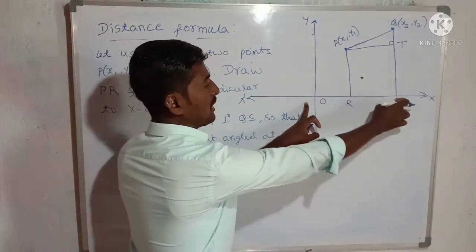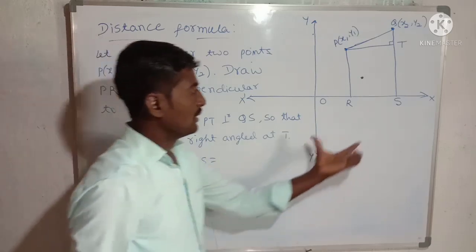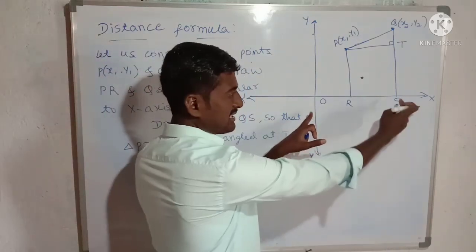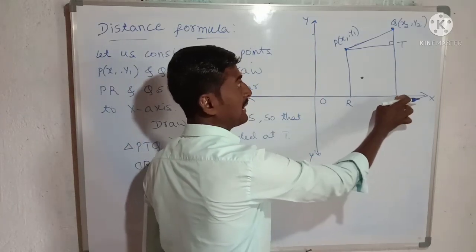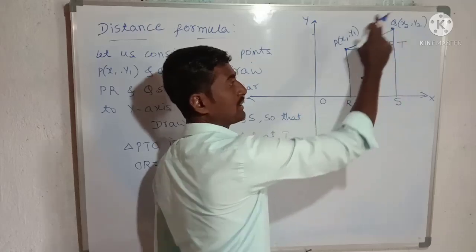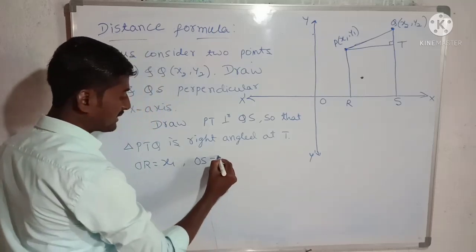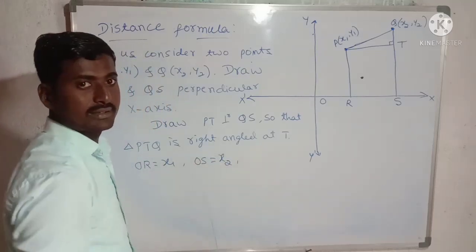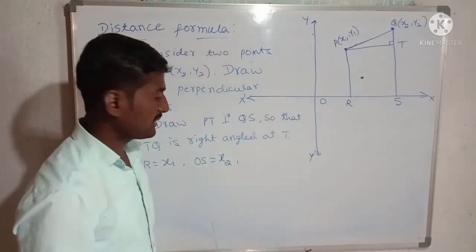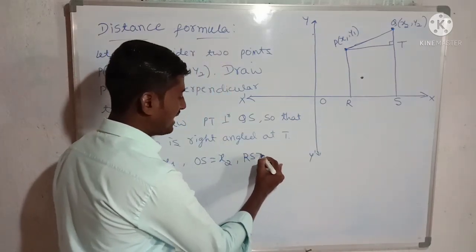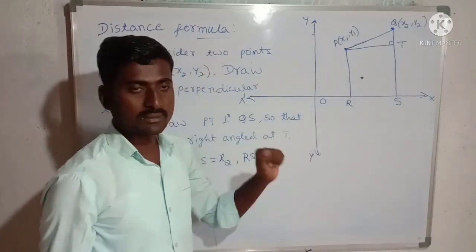Then in place of OS, what can I write? OS is nothing but the distance of a point from the y-axis. That is the x coordinate. Here the x coordinate is x2. So OS I can write as x2. Then how can I find RS?